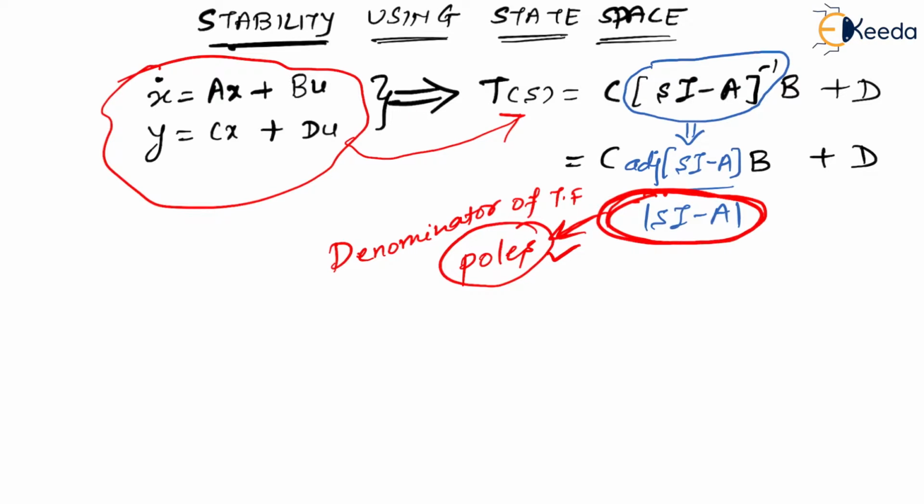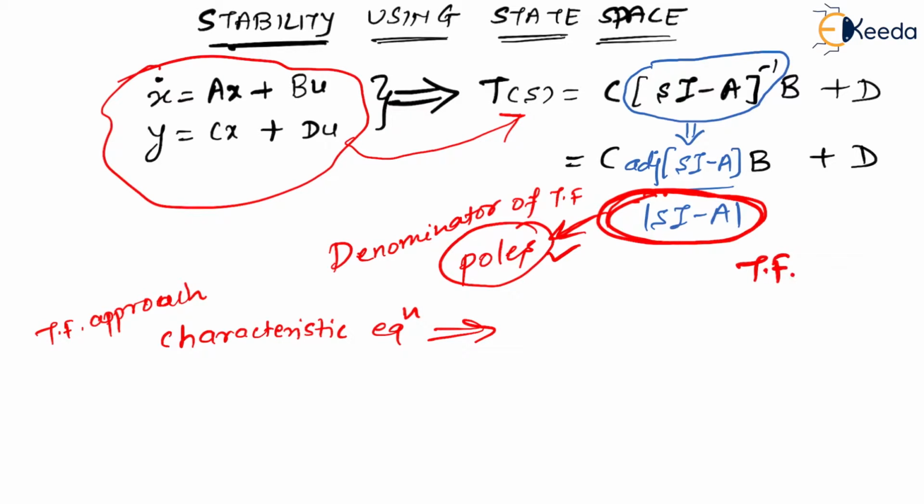Now if you remember, when we were talking about the characteristic equation, what do we do in our transfer function approach? We had something called the characteristic equation. So there, let us say you have some closed loop transfer function G(s) upon 1 plus G(s) into H(s).